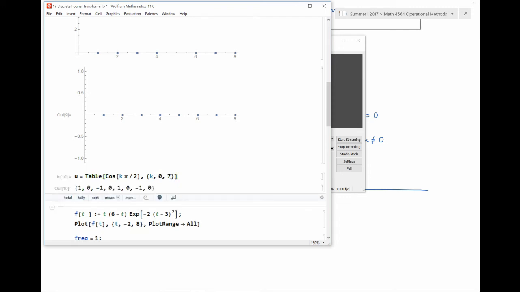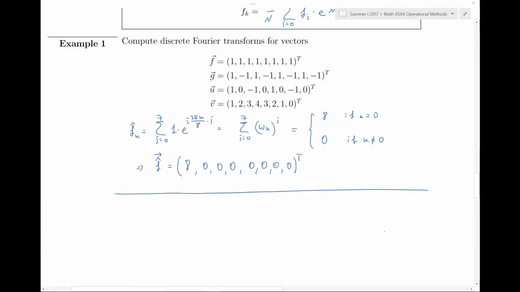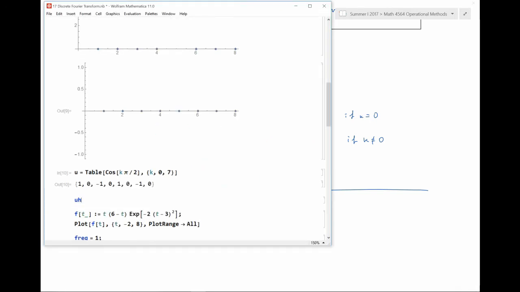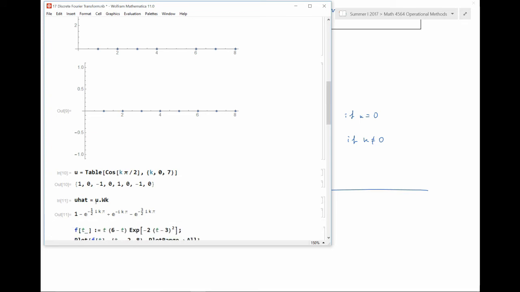That's exactly the signal that I have in my notes. So again, computing u hat as an inner product of u with w_k and then tabulating it as k goes from 0 to 7.